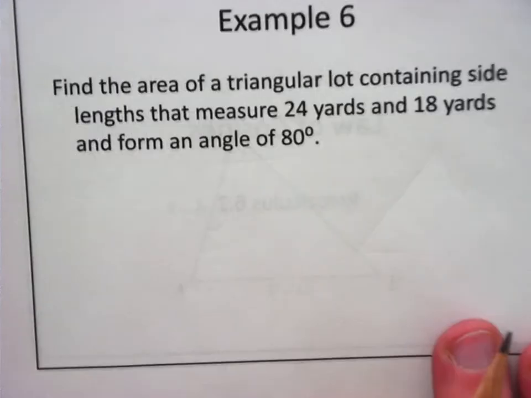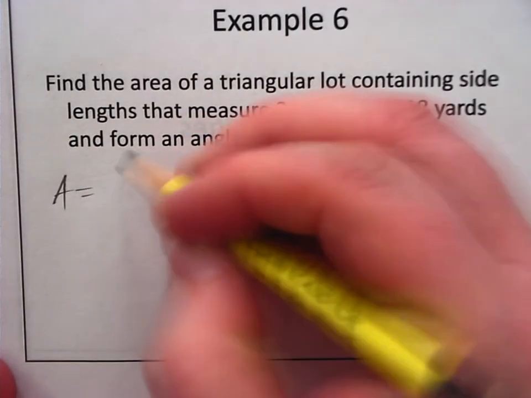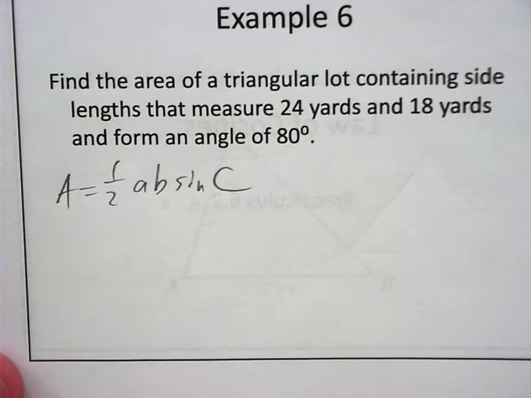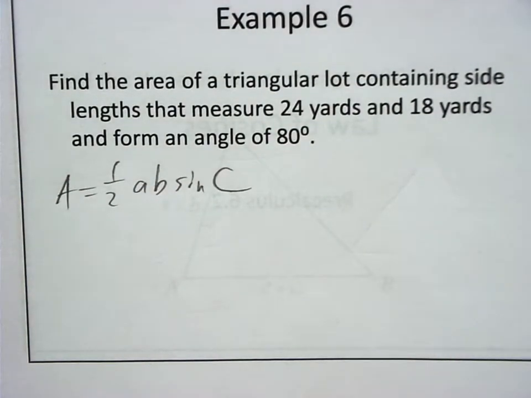Okay, so if I have area is equal to 1/2 AB sine C, I want to find the area of a triangular lot containing side lengths that measure 24 and 18 yards and form an angle of 80 degrees. Well, go ahead and do it. What do you get for the area?